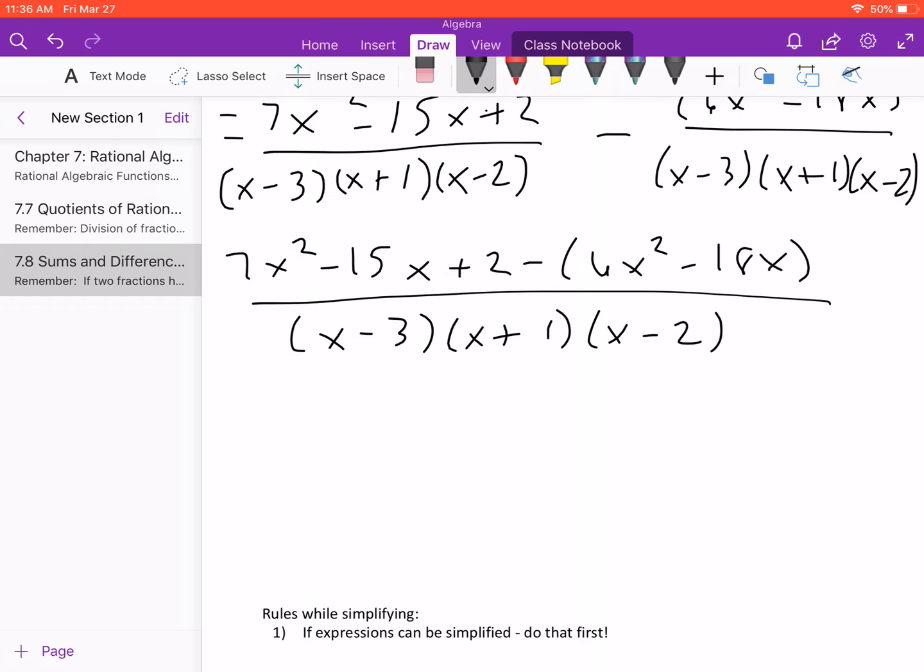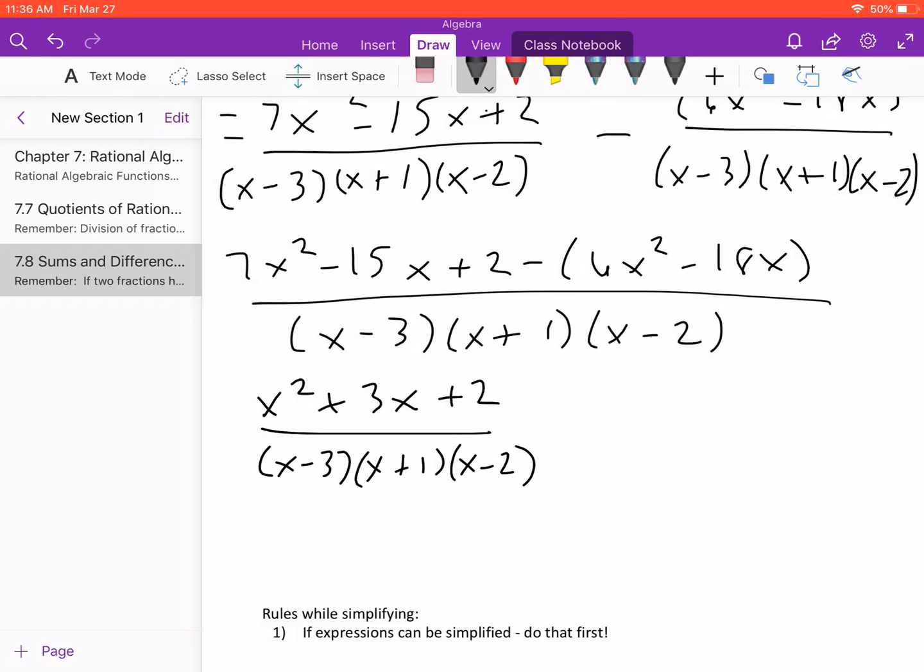And now we can combine. We are left in the numerator with x squared plus 3x plus 2 all over (x minus 3) times (x plus 1) times (x minus 2).